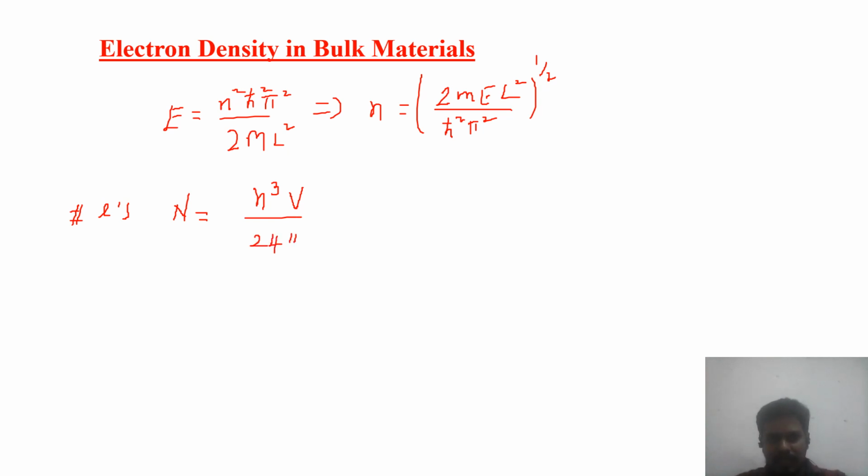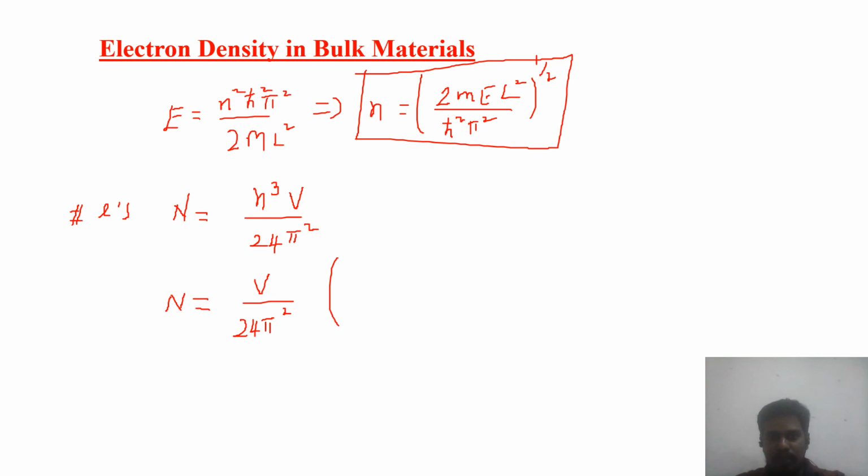This is the number of electrons inside the metal. We know from these expressions what is the value for the n, the first expression. Substitute here. So you will get the number of electrons N is equal to V divided by 24 pi square.